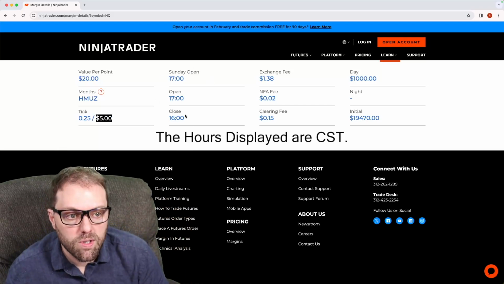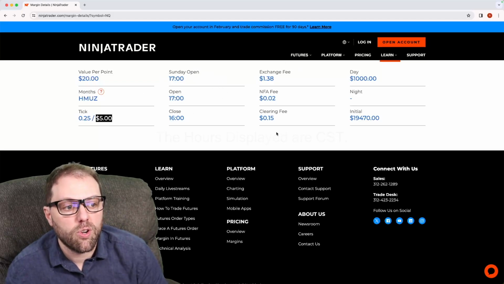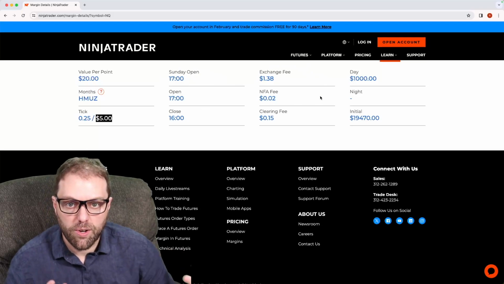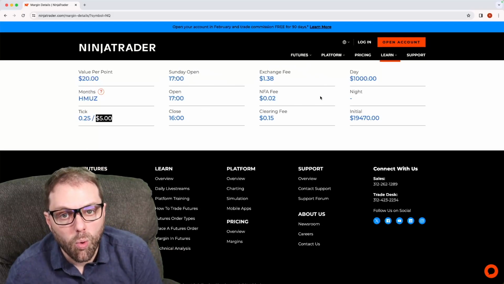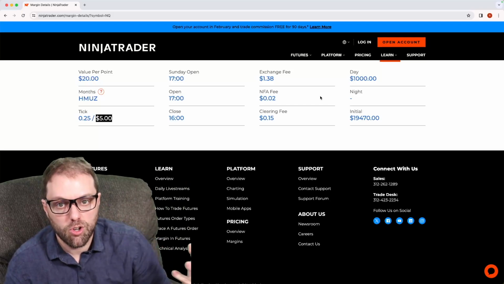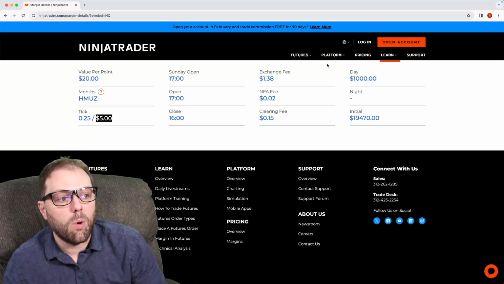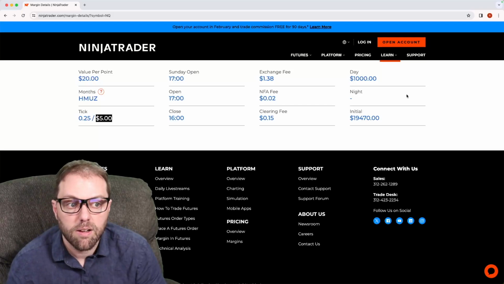Here's the hours that the NASDAQ is going to be open to look for trades on. Here's your exchange fees and all your other fees for the trades. And keep in mind, this is one way. Futures trades are going to be round trip, so you got to multiply that for your in trade as well as your out trade. And then the margin required for one contract to be entered into on the NASDAQ.